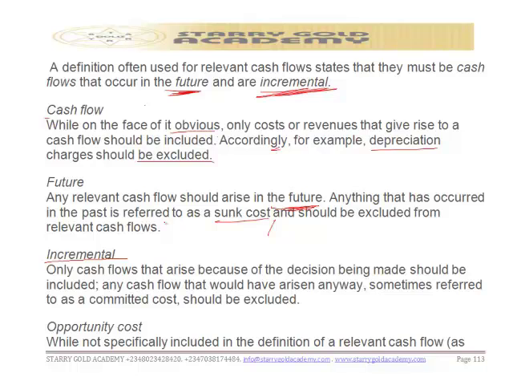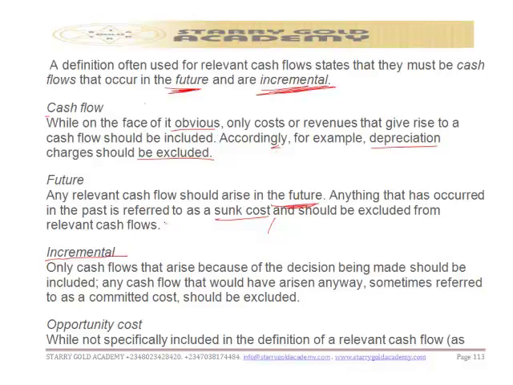Committed cost should be excluded. But the cash flow that arises because of the decision being made should be included. The cash flow that comes up as a result of the decision you made is included. But any cash flow that will have arisen, sometimes referred to as committed cost, is another form of sunk cost. It needs to be excluded.